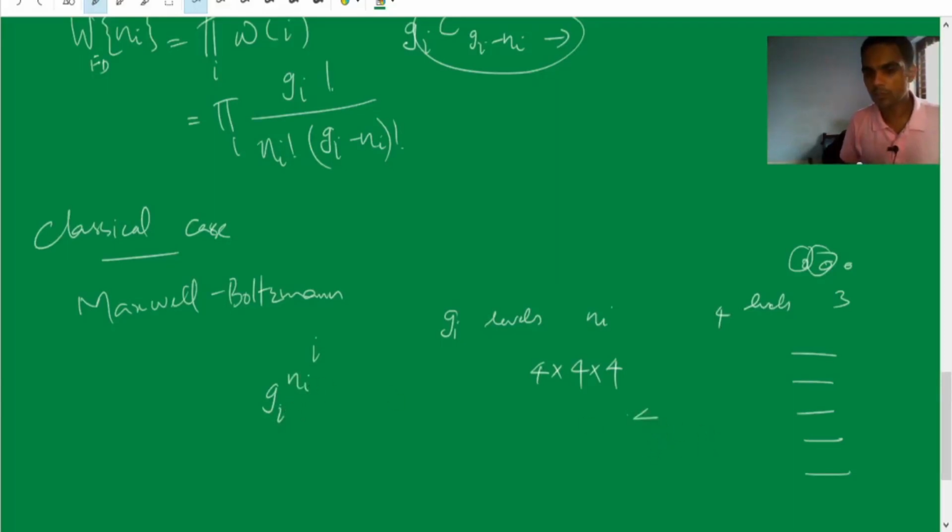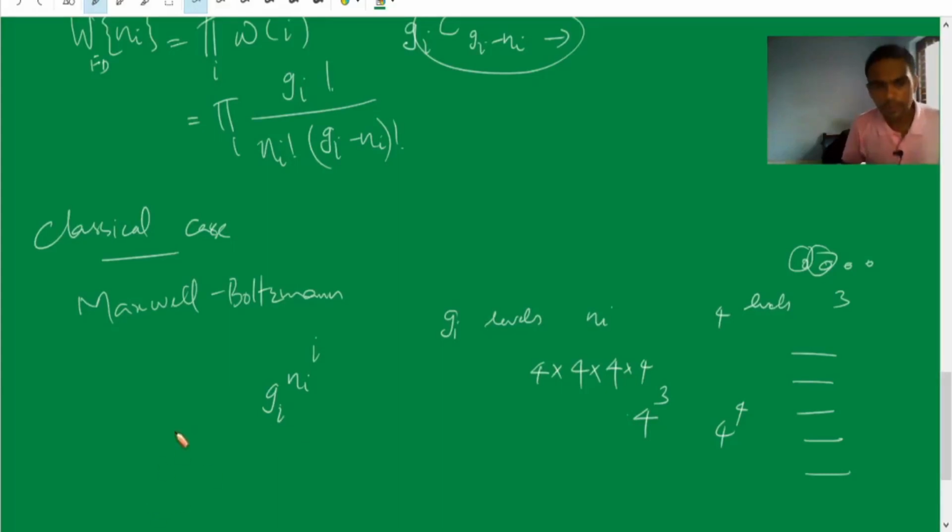So here it is 4 cubed. If there are 4 particles, then it will be 4 raised to 4. If there are Gi levels and Ni particles, then the total number of ways of distributing Ni particles in Gi levels is Gi raised to Ni.